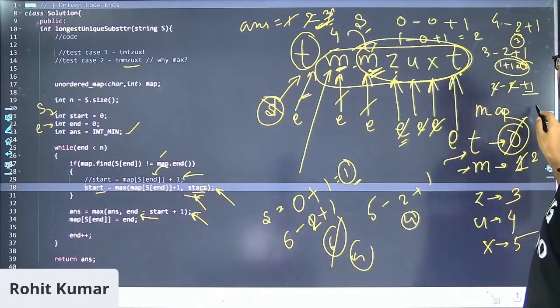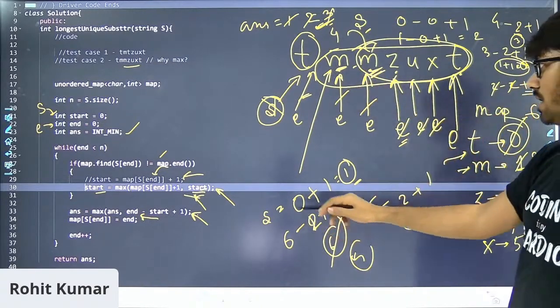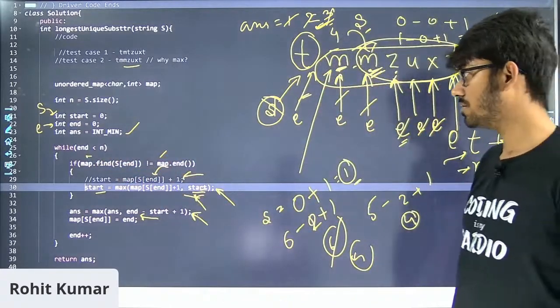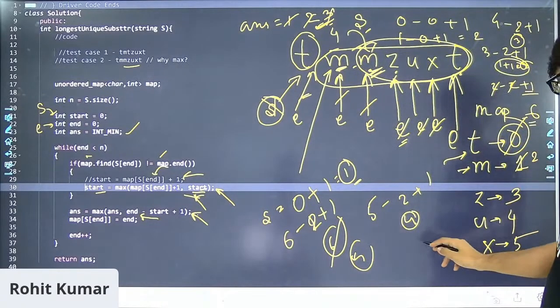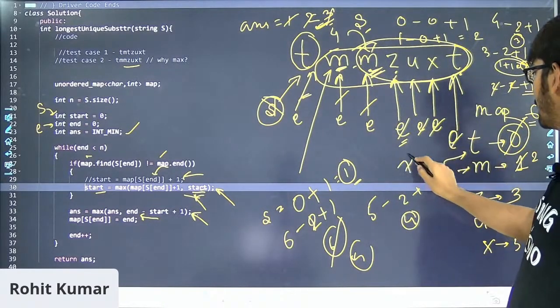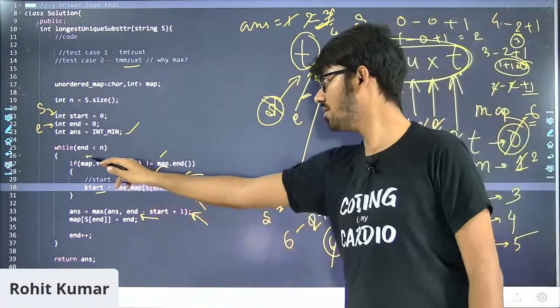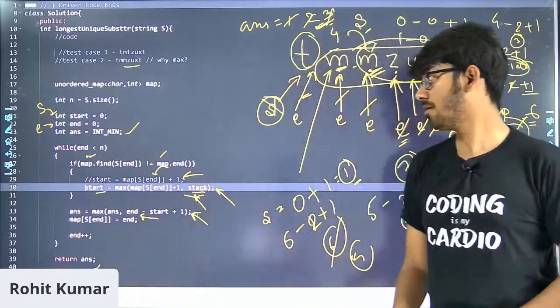So this will eventually become 6, and this becomes false for you now. Your end gets updated to 7, this becomes false, and you return your answer at the end.